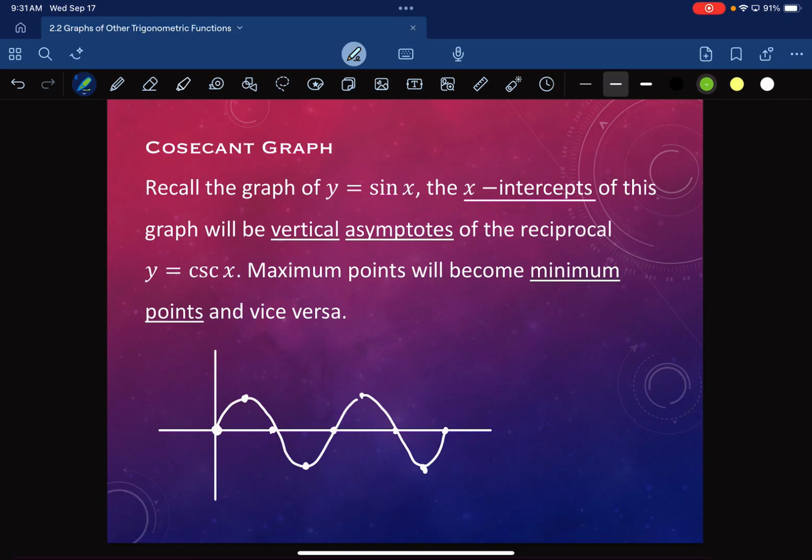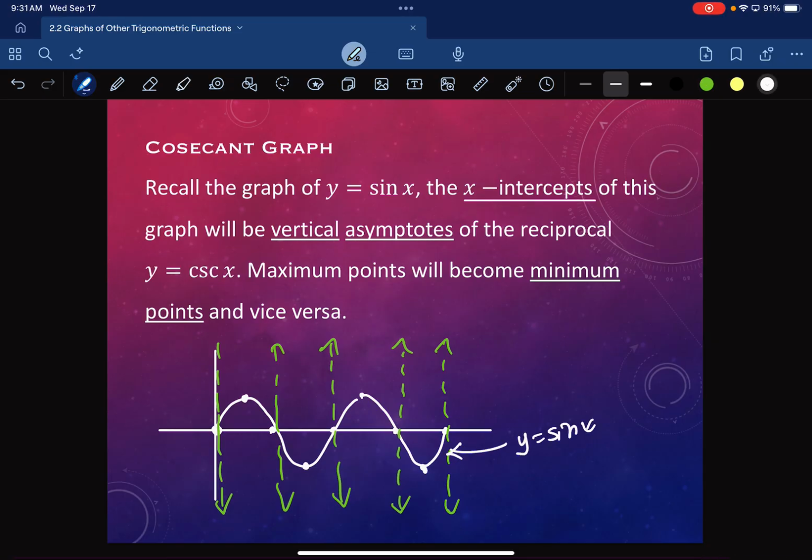Okay, all the x-intercepts are going to become asymptotes. The graph that I wrote in white is y equals sine of x.